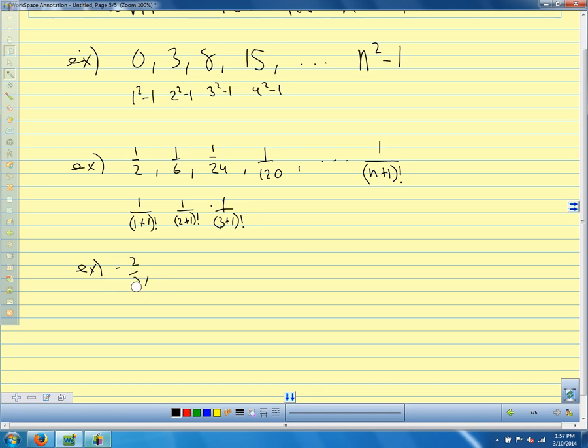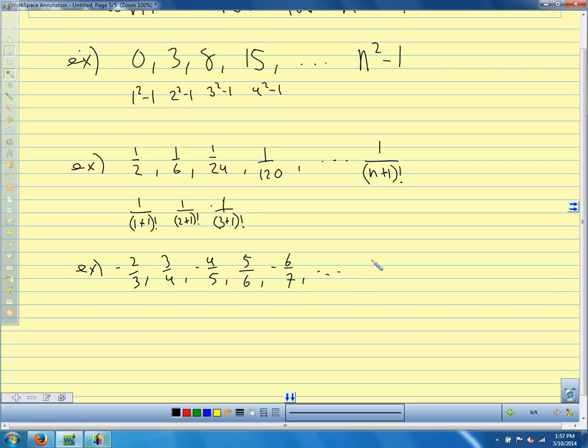Minus 2/3, 3/4, minus 4/5, 5/6, minus 6/7. So first off, what do the alternating signs tell us?